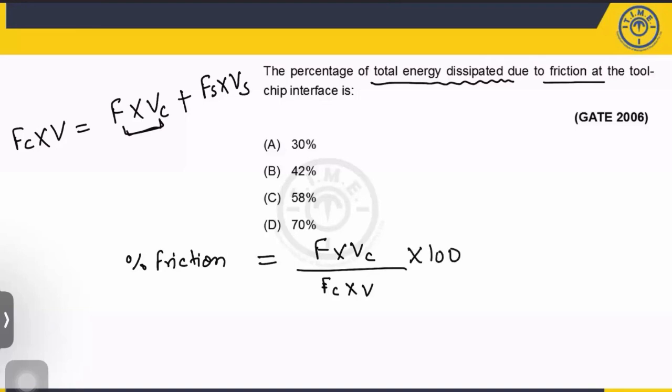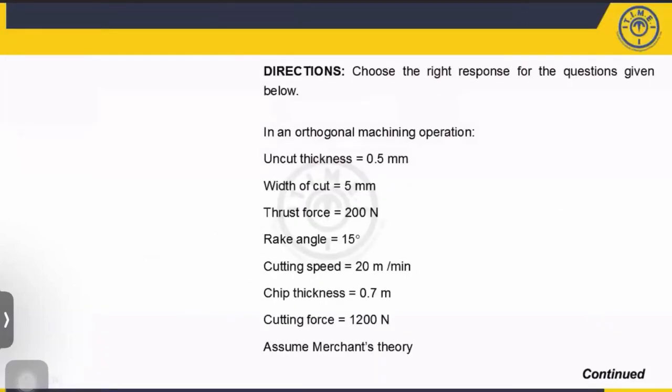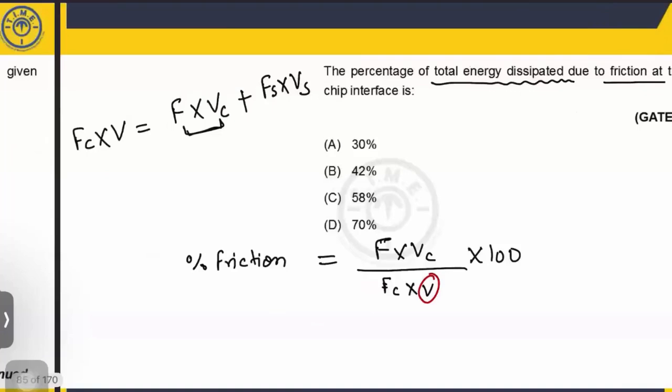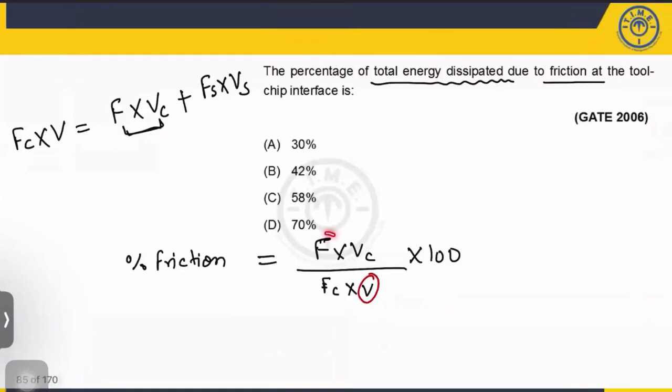Now, the friction force, how you will calculate the friction force? Because the cutting velocity is given, yes or no? Cutting force is given. Cutting speed is given. That means you have to calculate this value. How you will calculate the friction?